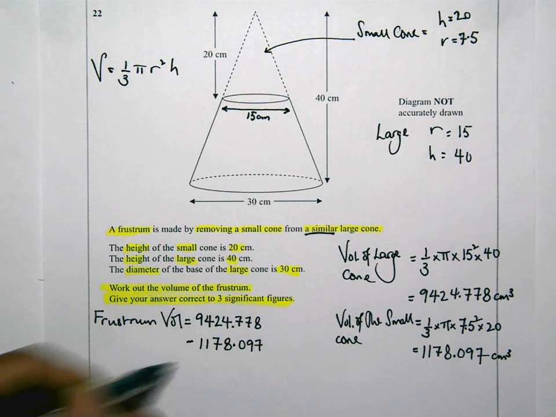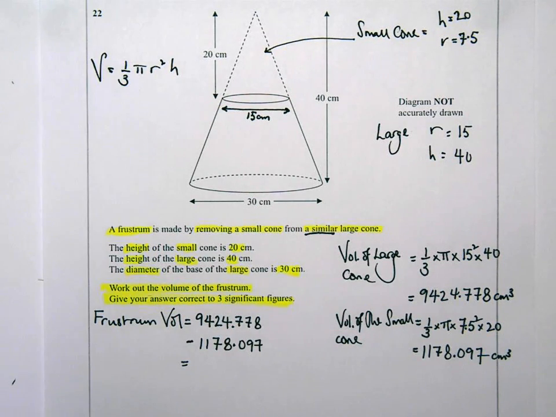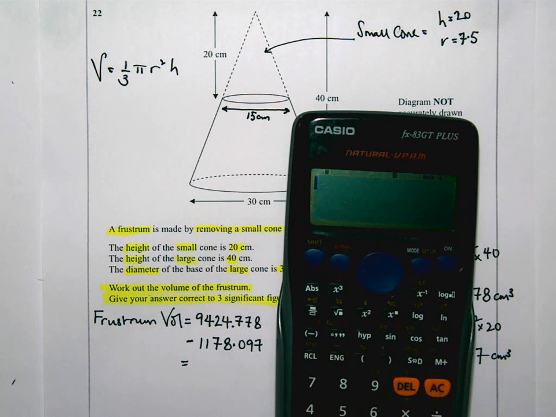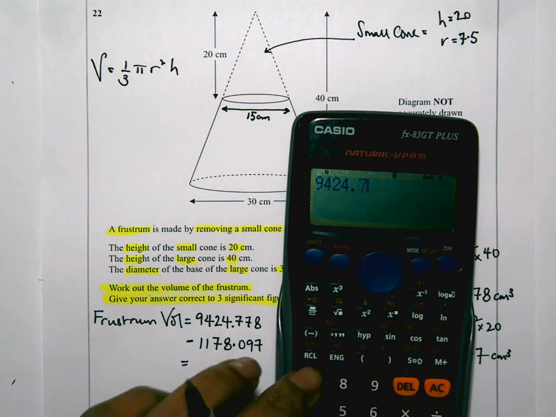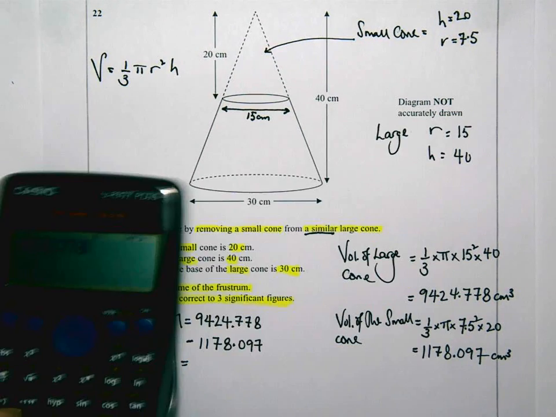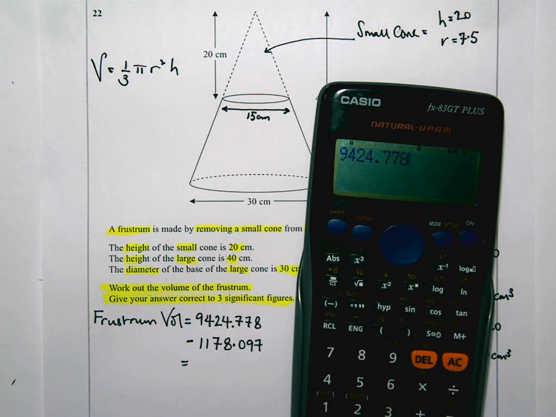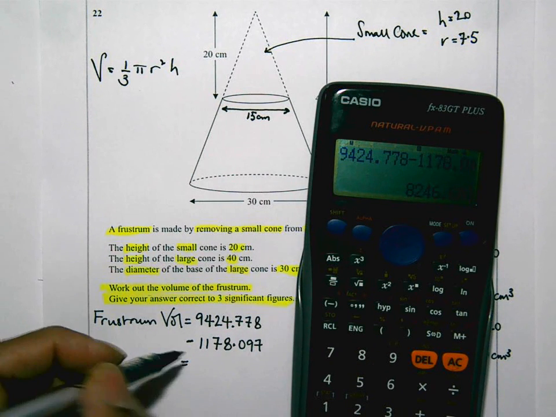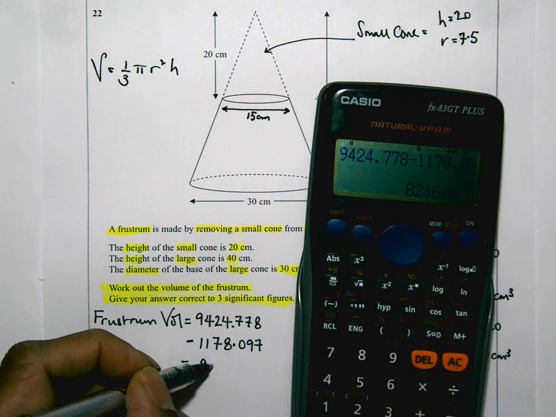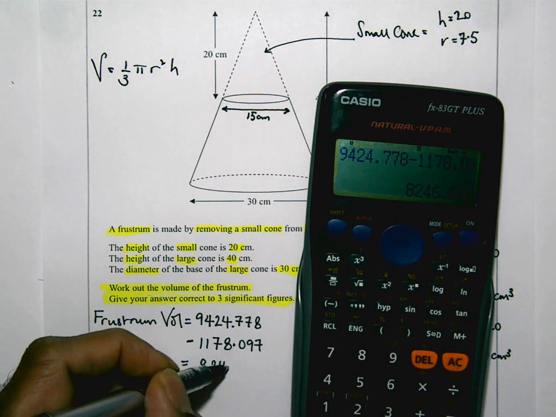I'm going to put that into the calculator to work it out. 9,424.778 take away 1,178.097 equals 8,246.681.